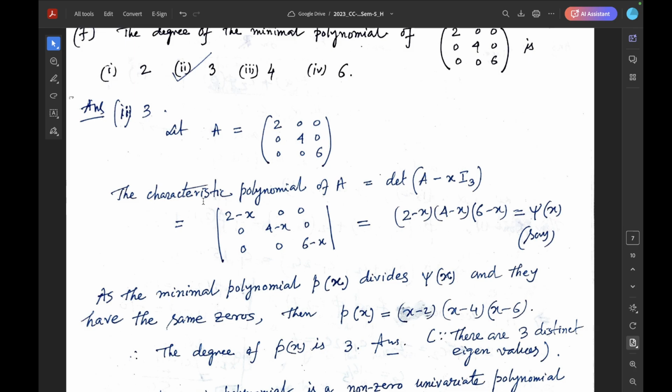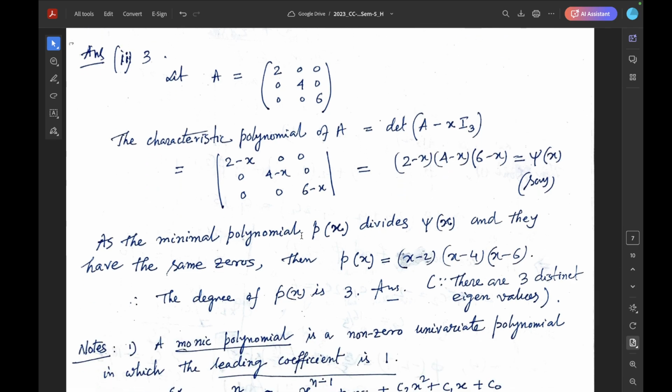The characteristic polynomial of A is the determinant of A minus x I_3, identity matrix of order 3. So this equals the determinant of diagonal 2 minus x, 4 minus x, 6 minus x. So this is equal to (2 minus x)(4 minus x)(6 minus x). This is psi of x, say. This is the characteristic polynomial.